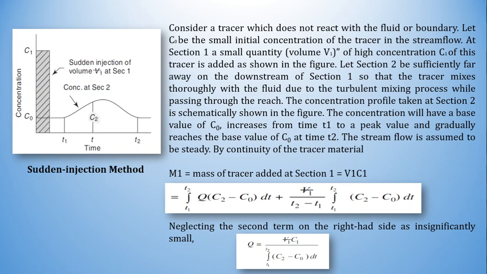Neglecting the second term on the right hand side as significantly small, the discharge Q by this method can be estimated as Q is equal to V1 into C1 divided by the integration of (C2 minus C0) dt with limits T1 to T2, where T1 and T2 are the initial and final timings for the tracer, and C2 and C0 are the concentrations corresponding to section 2 and section 1.